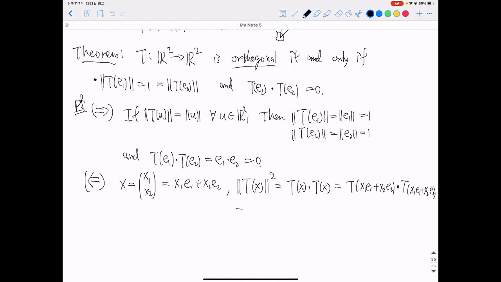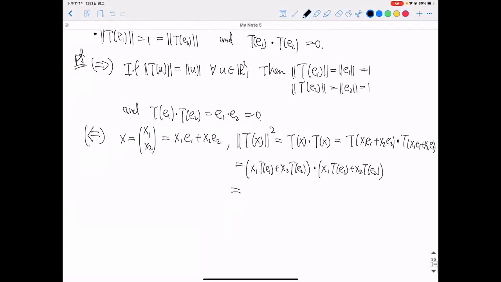And so now we're going to distribute this as follows. First of all, you have x1 T e1 plus x2 T e2 dot with itself, x1 T e1 plus x2 T e2. And then you compute this dot product explicitly.